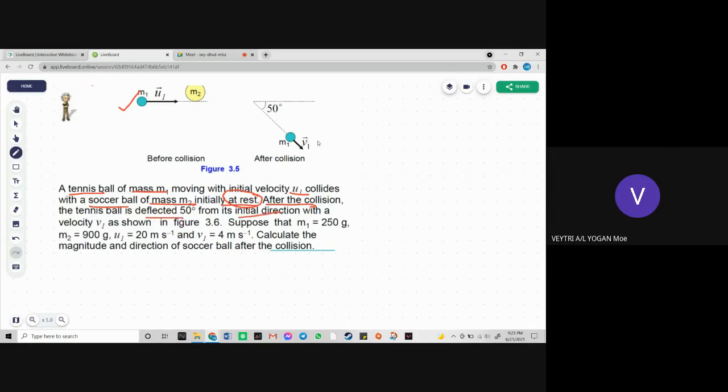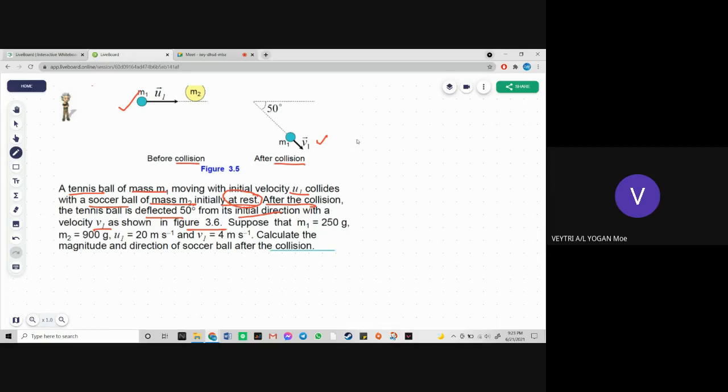The tennis ball is deflected 50 degrees from its initial direction. The tennis ball moves in a different direction, with a velocity V1, where V1 refers to the tennis ball, shown in figure 3.6. Please remember that the moment you see the words before collision, after collision, the first thing you got to do is determine which type of collision it is.